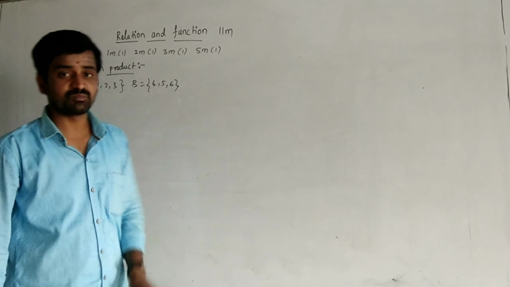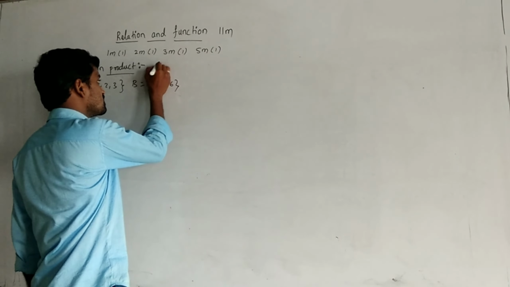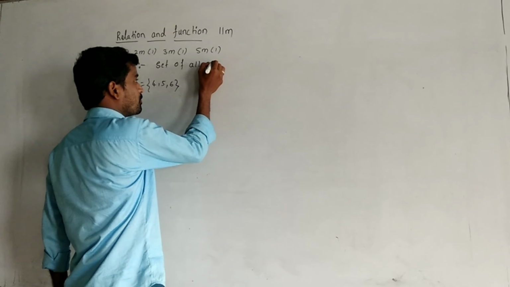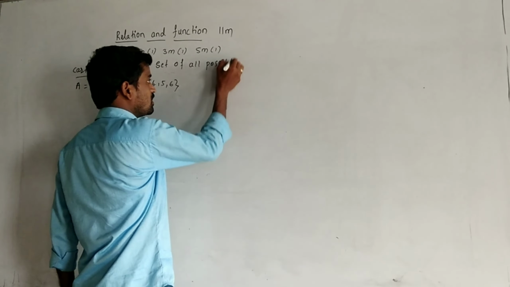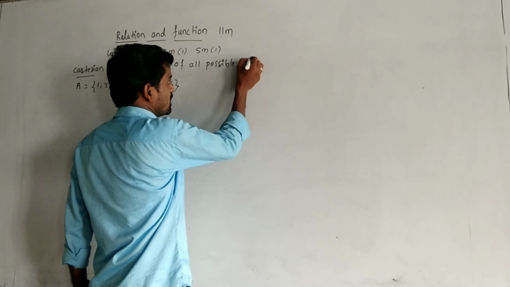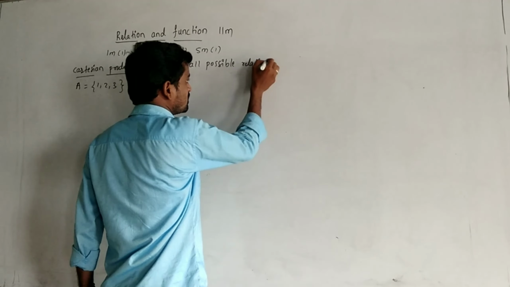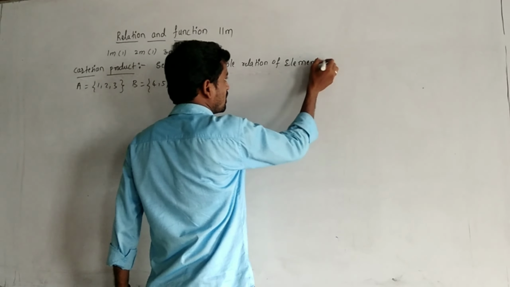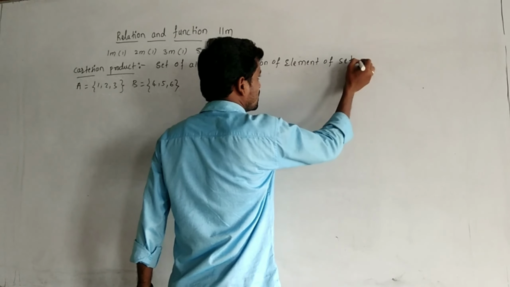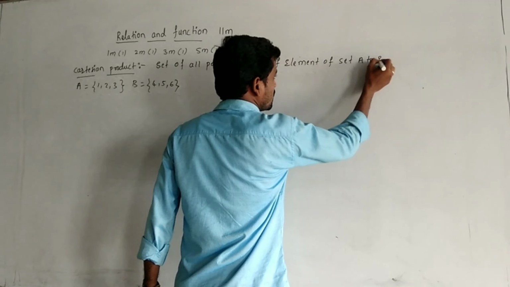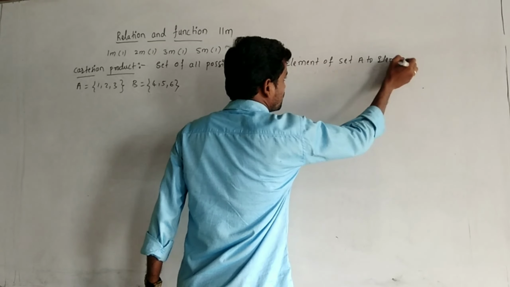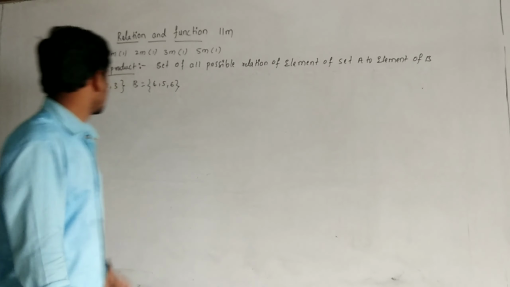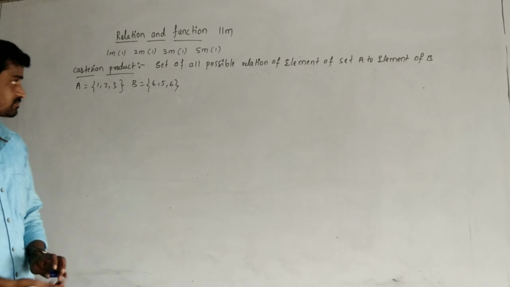The definition of Cartesian product is set of all possible relation of element of set A to element of set B is called Cartesian product.